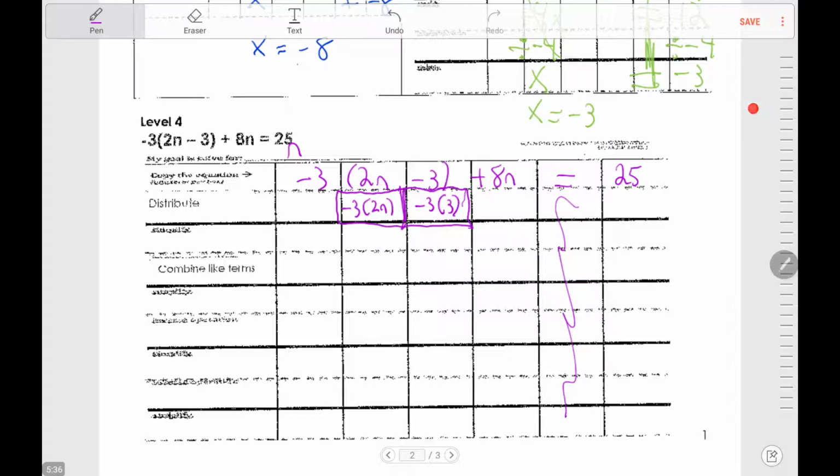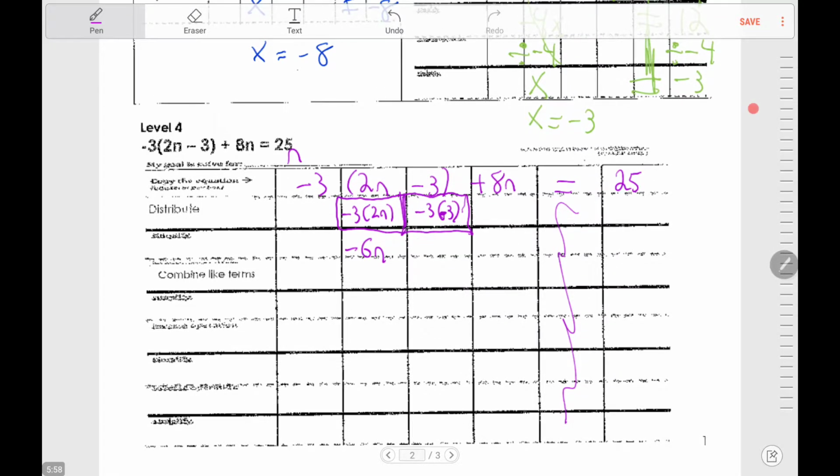Plus, so what is that? -3 times 2n is -6n. -3 times -3. That was a negative. -3 times -3 is +9 plus 8n equals 25.